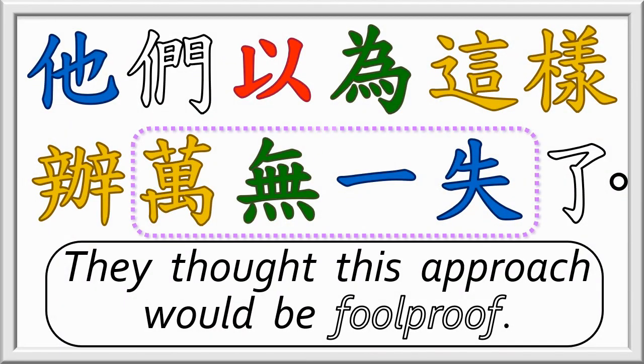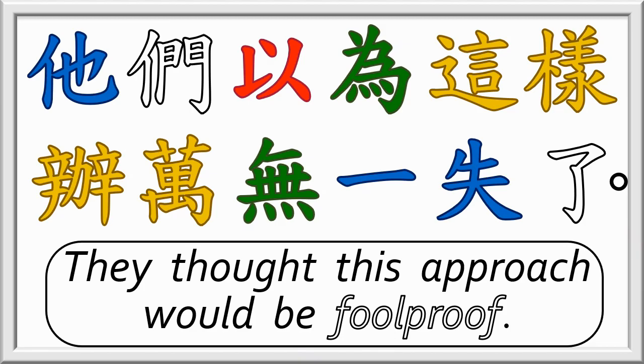Now we come to the expression 万无一失, meaning literally 10,000 attempts without a single miss. In other words, a surefire plan or approach absolutely certain to succeed. 他们以为这样办万无一失了.